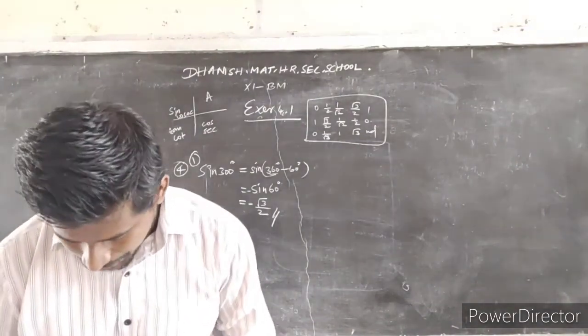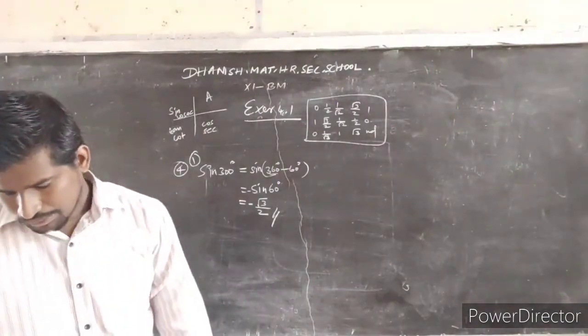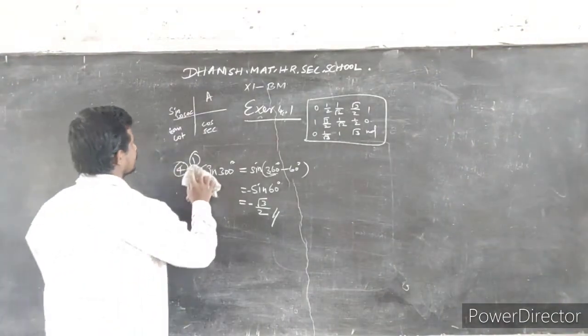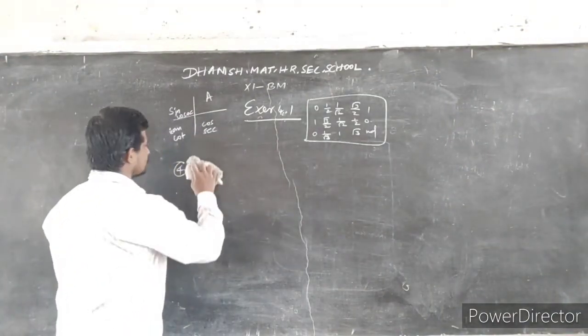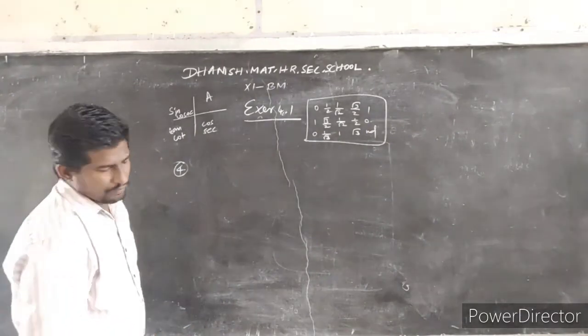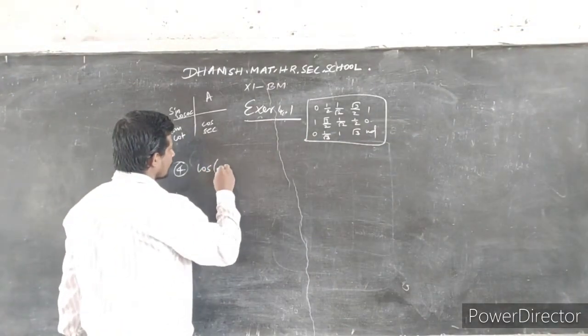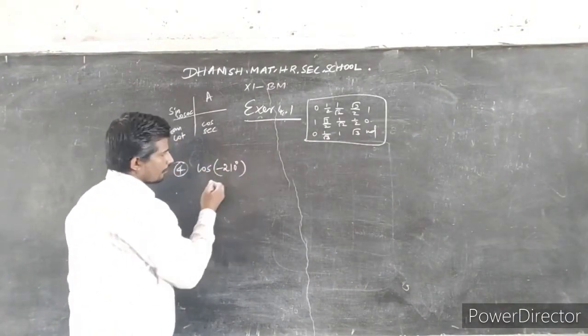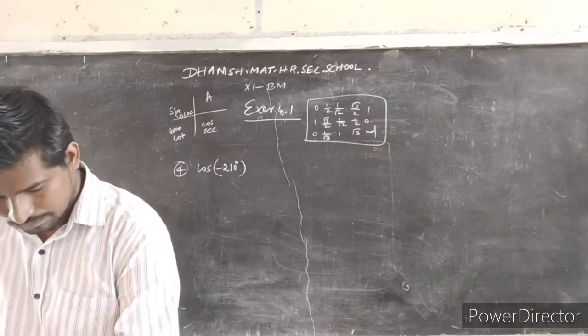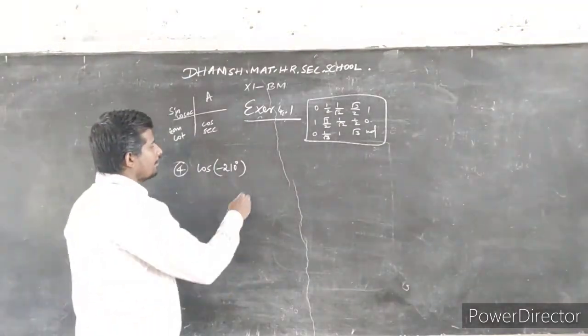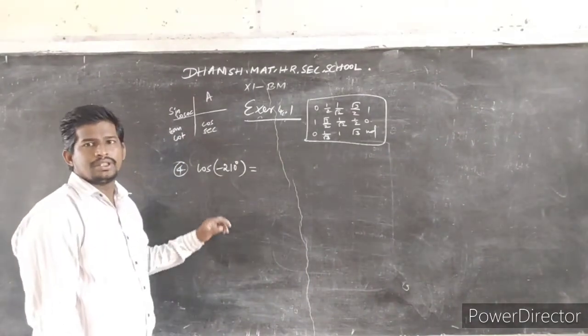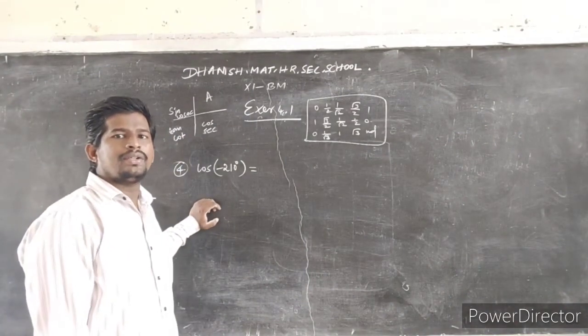Then second one. Here we are going to use one result, cos of minus theta equals cos theta.